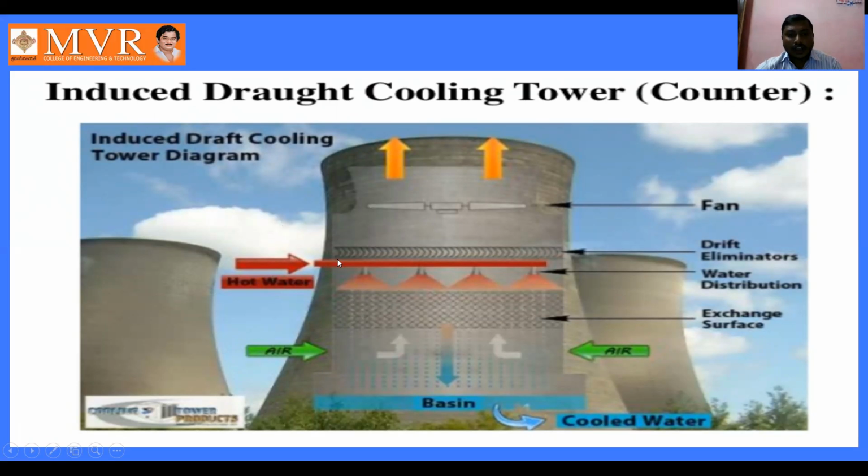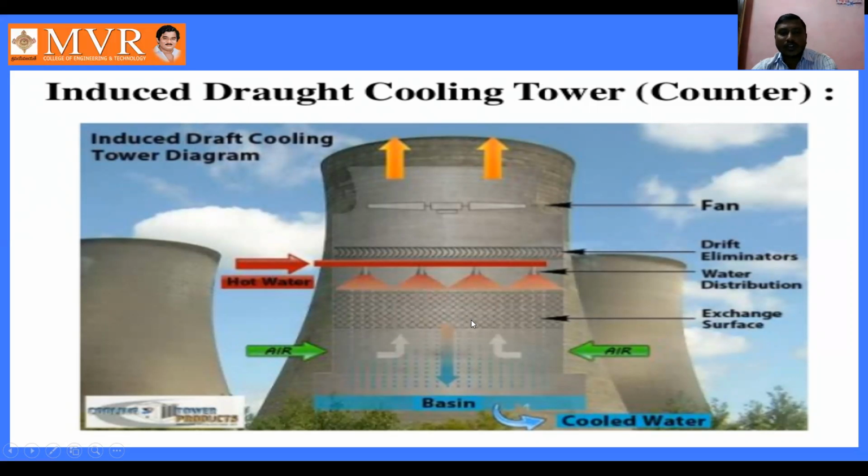See here, the air is coming from the atmosphere into the cooling tower, and the heat is rejected from the water. The convection heat exchange takes place between the air as well as the water, and the air takes this heat and transfers it into the atmosphere.